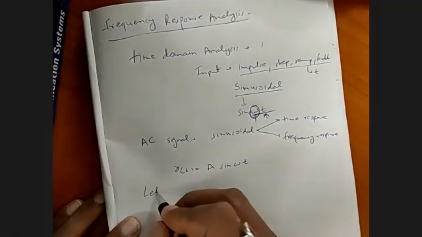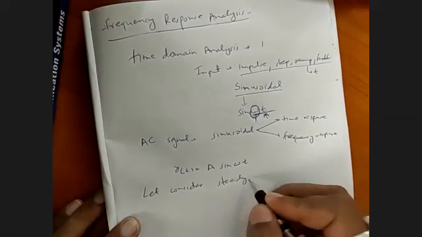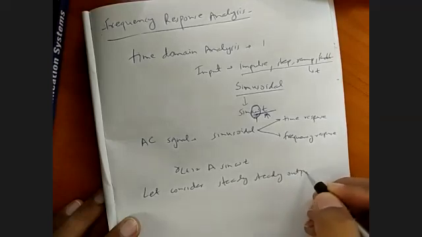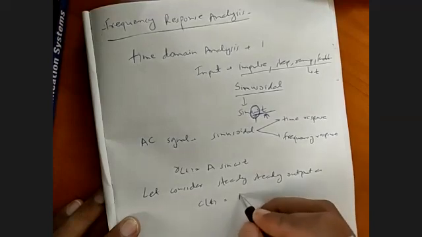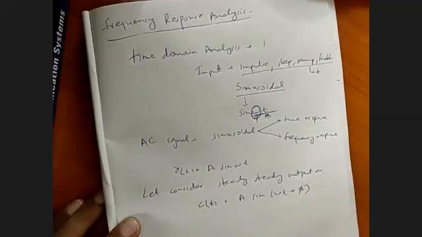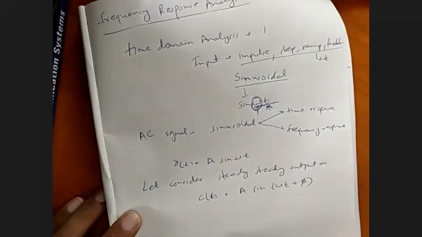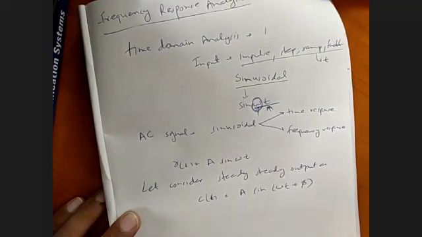Let's consider the steady state output as a function of sine, so it will be A sine (omega t plus phi). The magnitude and phase relationship between the sinusoidal input and the steady state output of the system is known as the frequency response of the system.